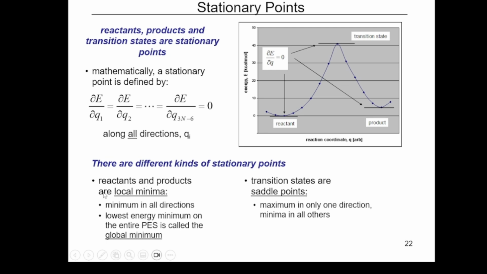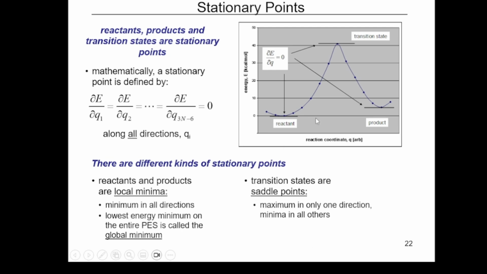Reactant and products are local minima, whereas transition states are saddle points. These are called saddle points because they look like a saddle. The local minima are minimum in all directions, and the lowest energy minimum on the entire potential energy surface is called the global minimum, whereas a minimum with energy higher than the global minimum is called a local minimum.